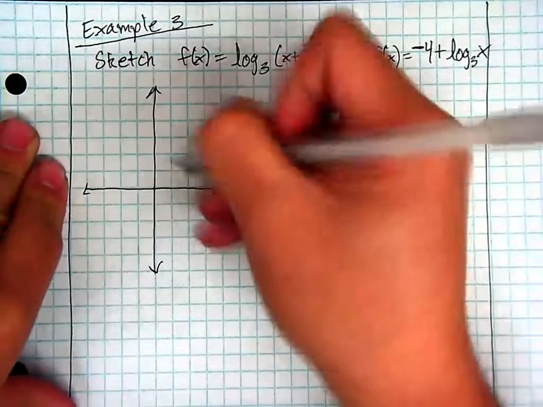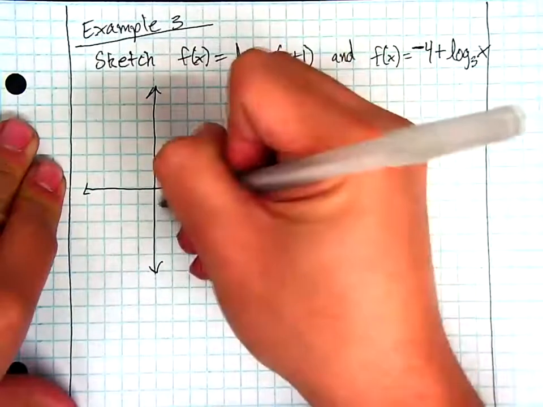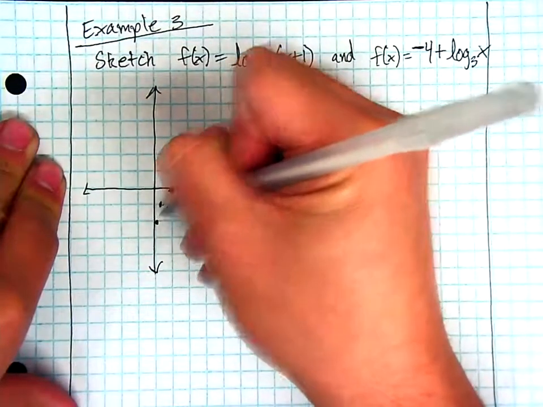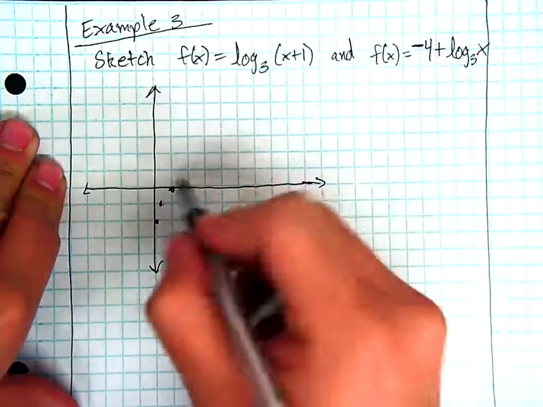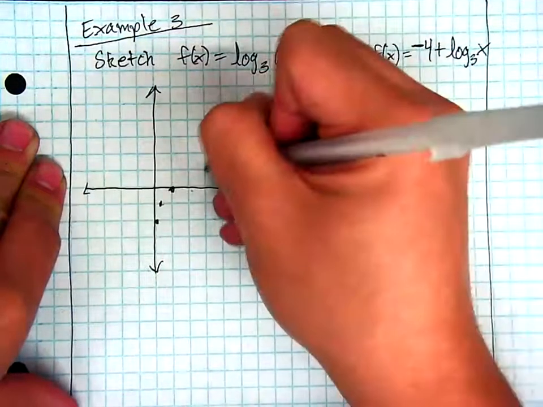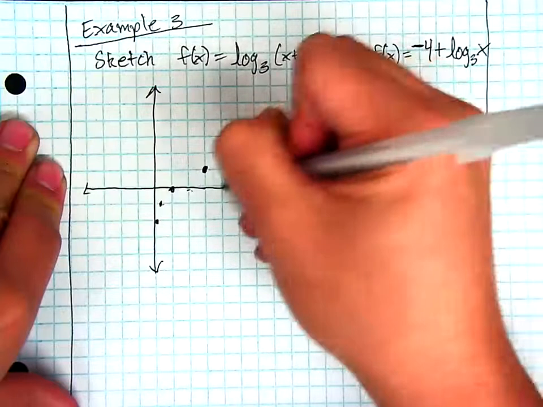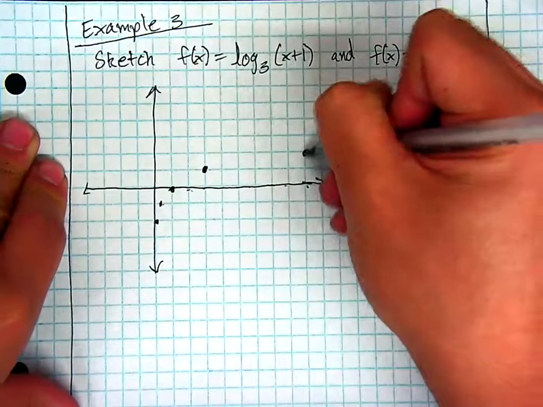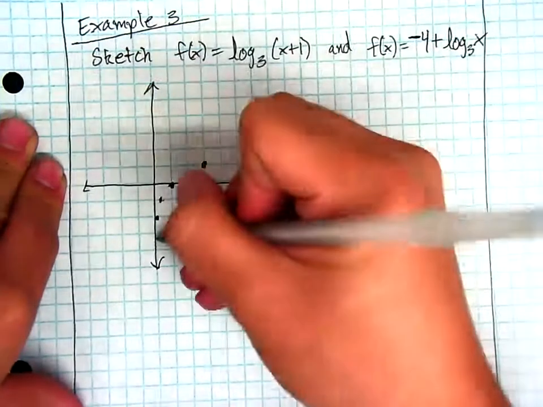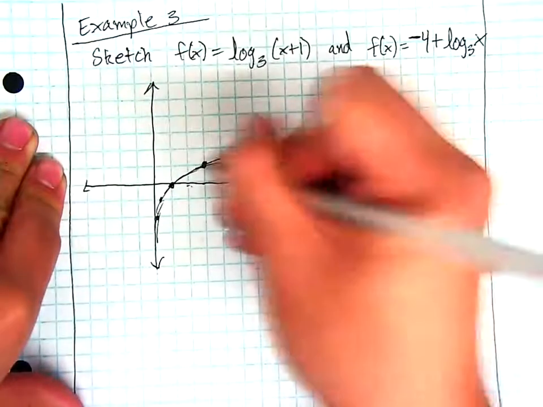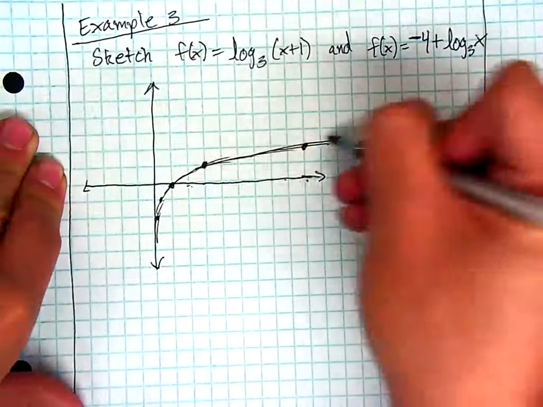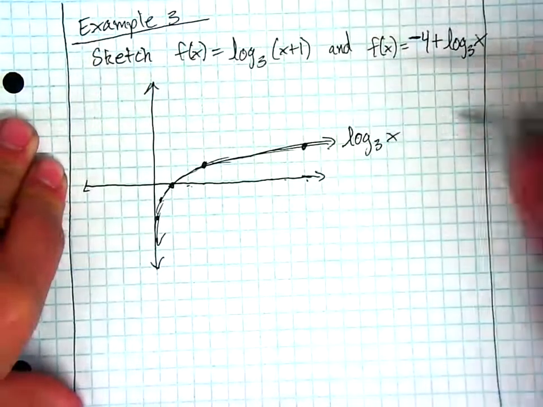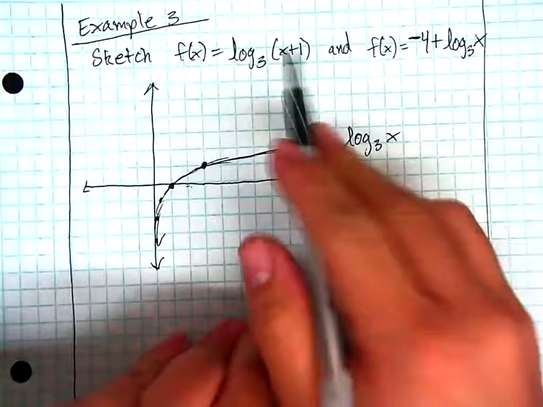So back over here, here, and here. And then I have 1, 2, 3, 1, 2, 3, 4, 5, 6, 7, 8, 9, 2. Okay, so all I did was graph the original parent function of log base 3 of x.